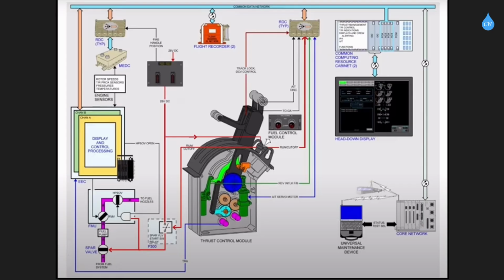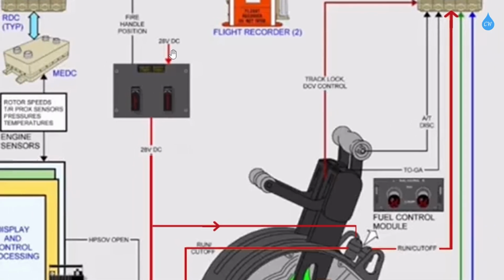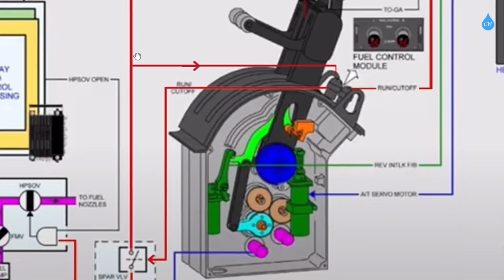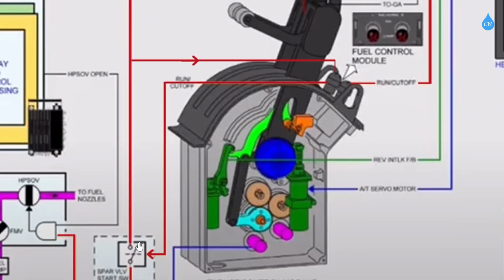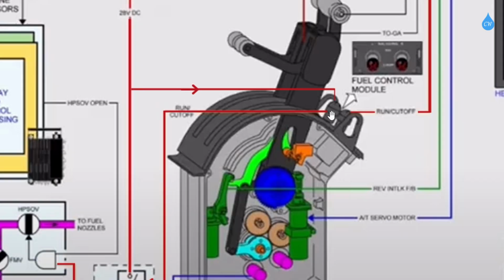Okay. As you can see, I added some voltage lines. So if we focus again on that part, the 28 volts DC goes through the fire protection panel, goes down, and it continues to go just like the graphic says to the relay for the fuel valve. But it also supplies the fuel cutoff switch.